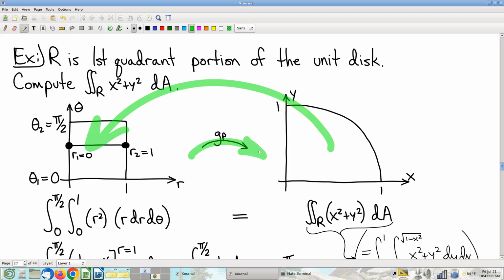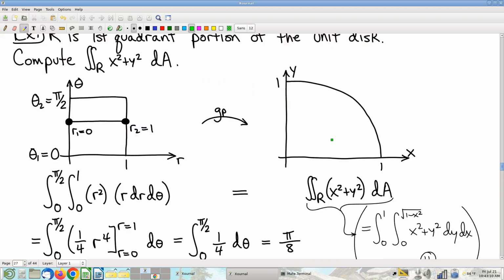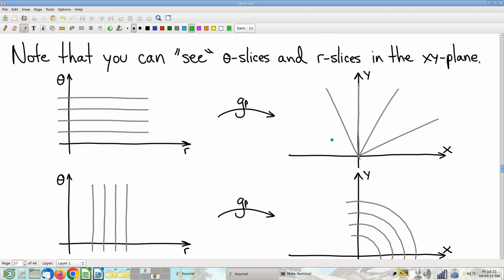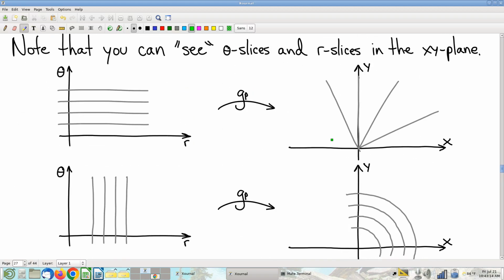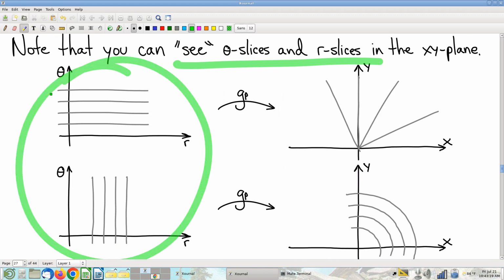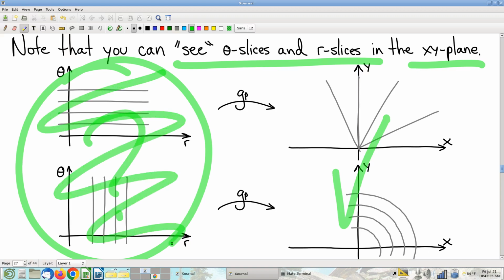Well, it turns out there's a nicely convenient way to do it if you're doing polar coordinates, and that is you can see all of what happens in the r theta plane, you can see it in the xy plane. So you don't have to draw it. If everything that you need over here, you can see it over here, then you just don't need to draw that at all.